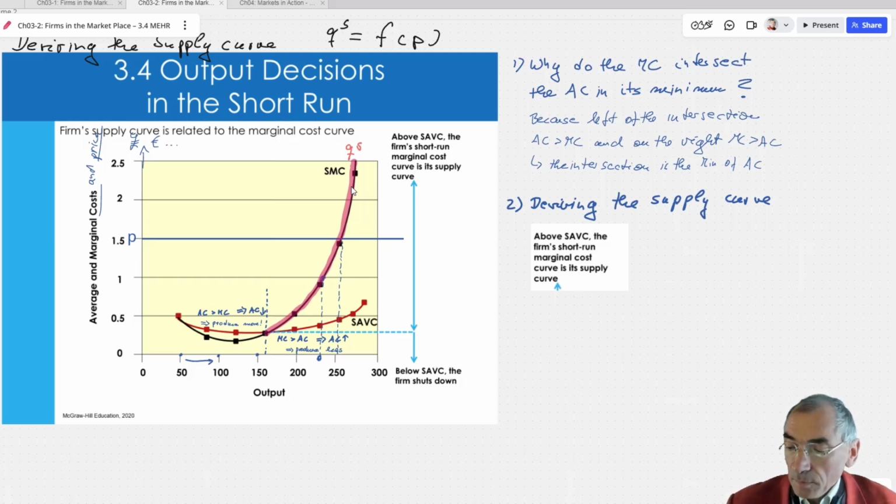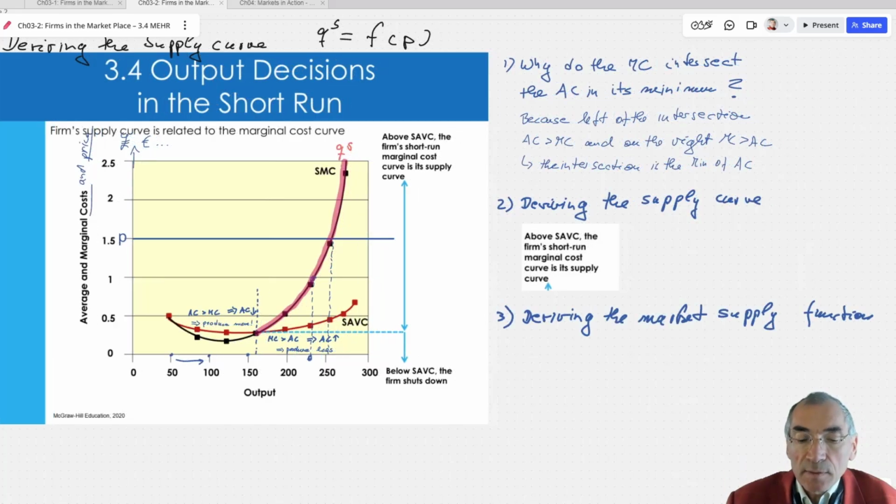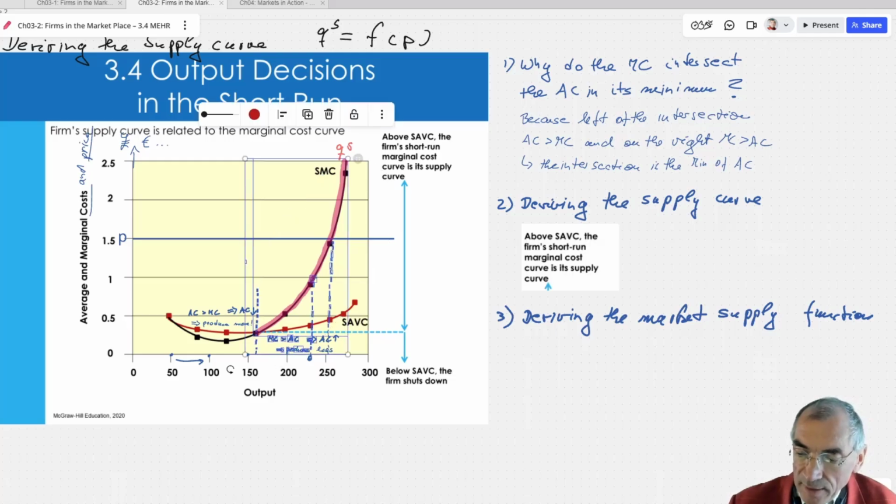Third aspect here, to derive the market supply curve, this is the sum of all the individual supplies of the single firms. Which I hope makes sense, that if you have thousands of firms, tens of thousands of firms that individually decide on this basis and follow this supply curve, all the individual supplies have to be added up.